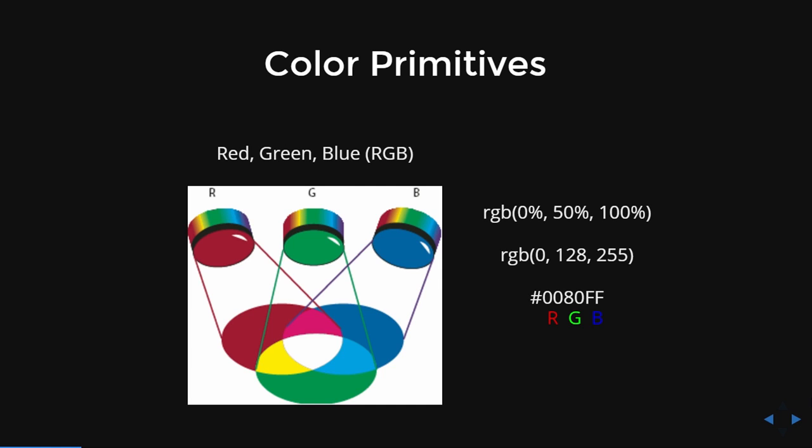As you can see on this slide, I use first RGB. RGB stands for, obviously, red, green, blue. This is a function type of syntax, and this function takes 3 arguments. The first represents red, the second green, and the third blue. So in this representation, we're using percentage units. And the numbers then would be between 0 and 100.